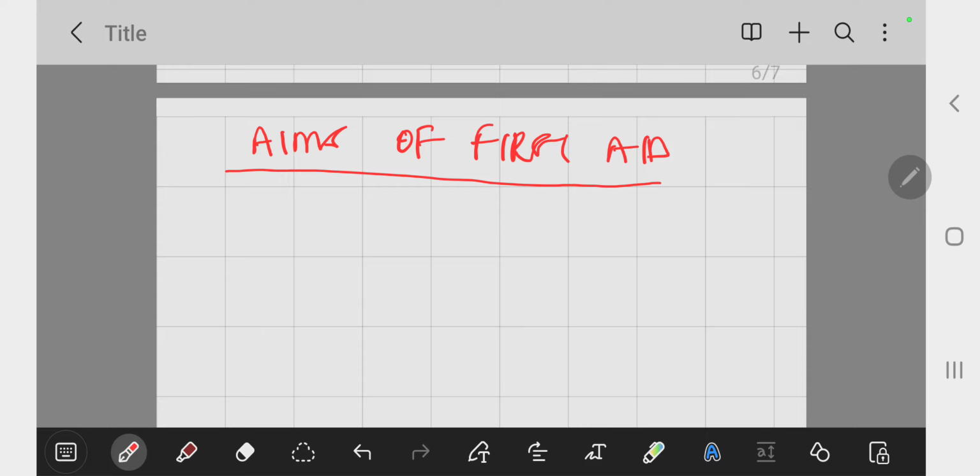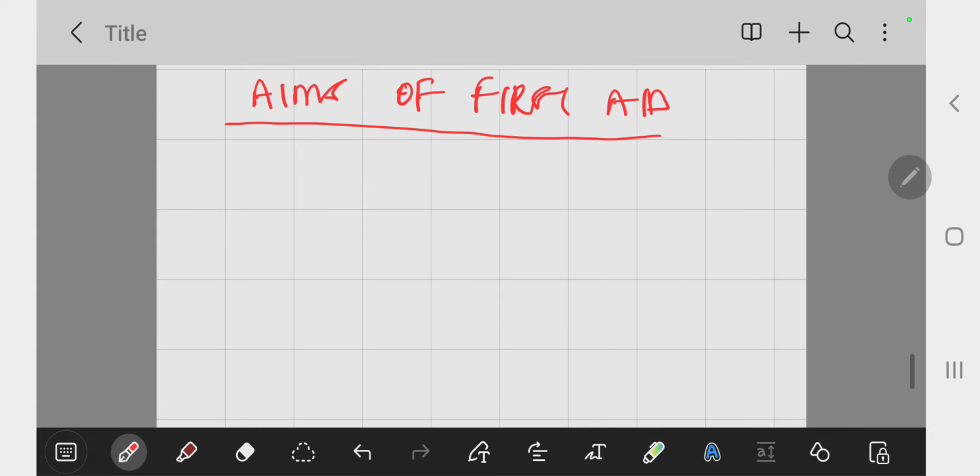So this is a classical exam question, and there are three main points which you need to give out if you ask for the aims of first aid. Number one, you need to understand that one of the main aims of first aid is to preserve life.